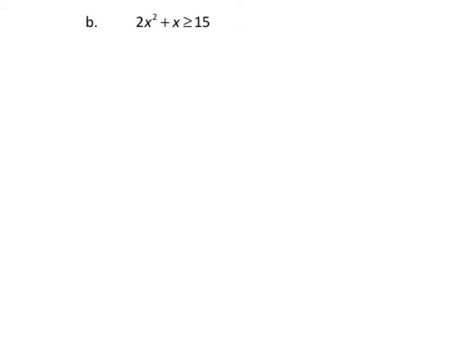In the next example, I do not have 0 on one side, so I need to move the 15 over to the left side, and I'll get 2x squared plus x minus 15 is greater than or equal to 0. And it's not in factored form, so I need to factor this expression, and we get 2x here, an x here, and I need two numbers that multiply to 15.